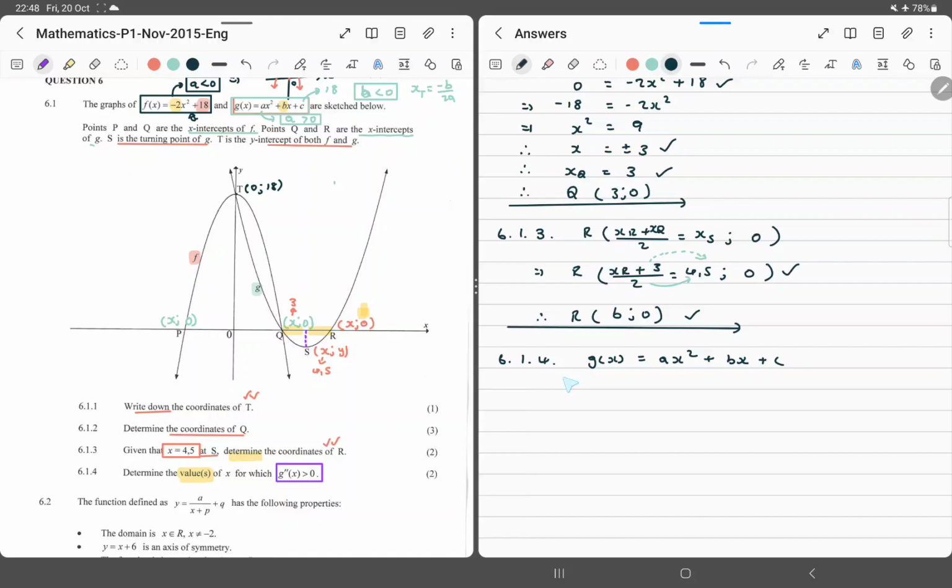Now when we take the first derivative, g prime of x is going to be 2ax plus b, because c is a constant, so it's out. Great. Now the second derivative of g is basically 2a. But since a is greater than 0, how do we know? Because the function is concave up. So it therefore means our g double prime of x is always greater than 0.